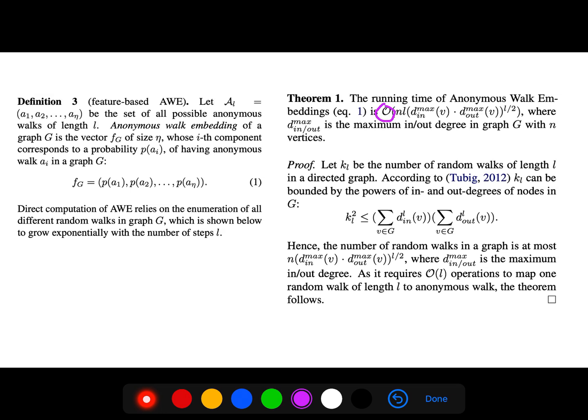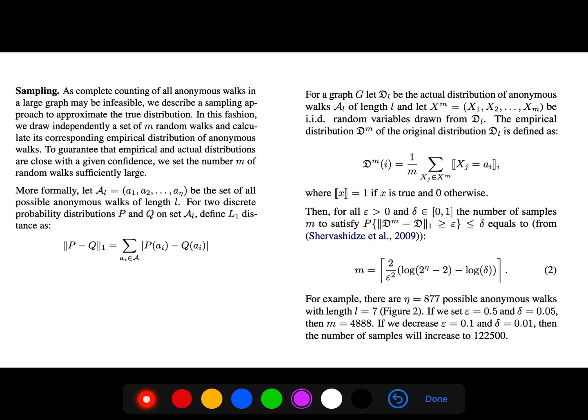So Dmax in or Dmax out is just the maximum in or out degree in G. So as complete counting of all anonymous walks in a large graph may be infeasible, we describe a sampling approach to approximate the true distribution. In this fashion, we draw independently a set of m random walks and calculate its corresponding empirical distribution of anonymous walks.